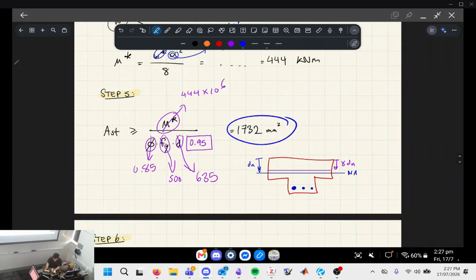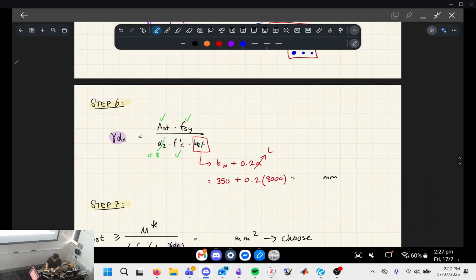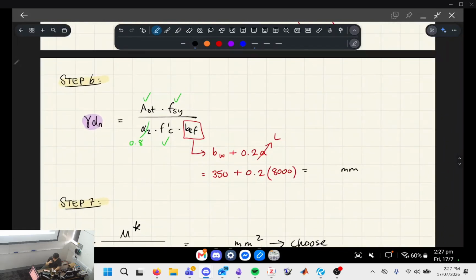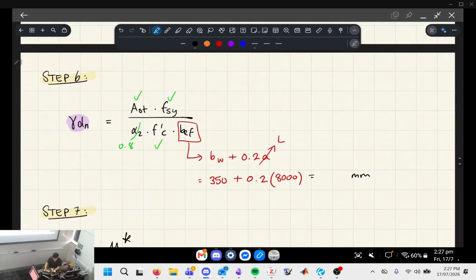So the steel that we select has to be greater than this number. We just need to roll with this number for now. Our threshold number we're going to plug into this equation. So what we're doing in step 6 is finding the depth of the compressive concrete as if we had this value for steel. We know all these things that I've ticked.